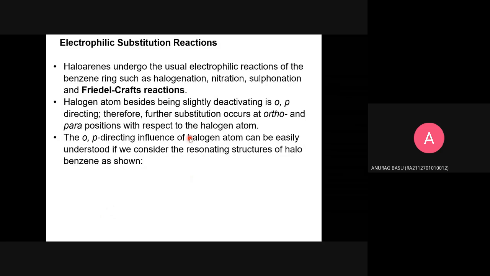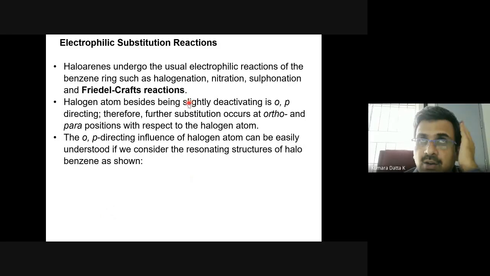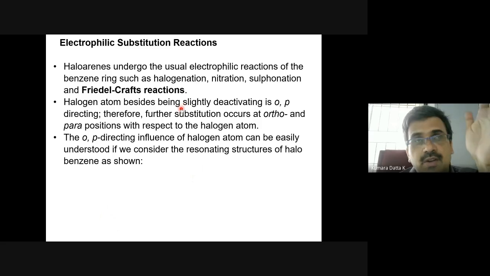Now we are looking at the electrophilic substitution reactions where the dominating species is the electrophile. Whatever we have looked at so far is nucleophilic substitution. Now electrophilic substitution reactions.